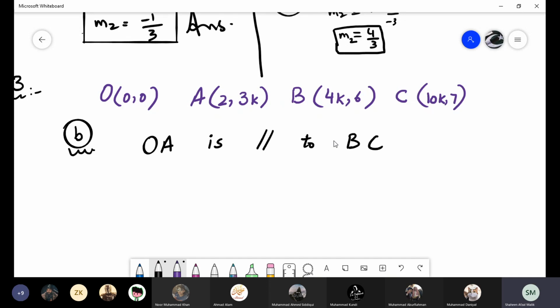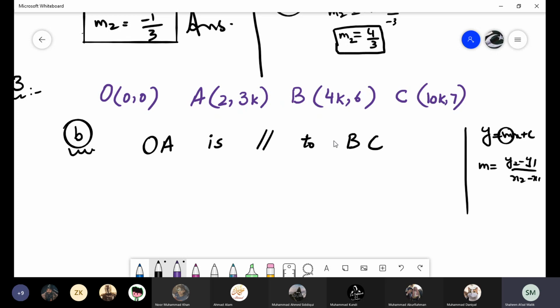So what is M? If M is not given, how are we going to find the slope? Question number 1 was very simple, in the mx plus c form it was given, and we could easily find M. But if the slope is not given, we use the formula y2 minus y1 over x2 minus x1.